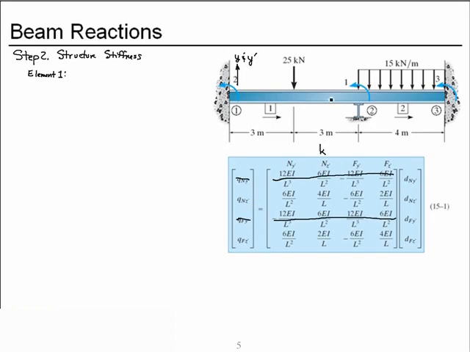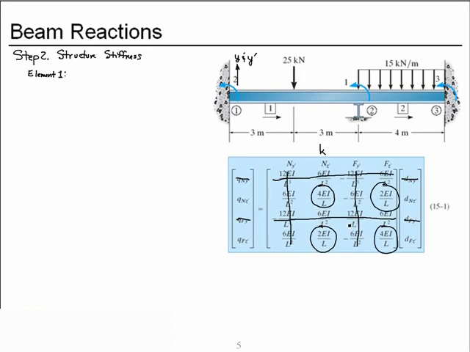And if we look at this particular structure, the vertical deflections are all going to be 0. So this and this will be 0, which means regardless of what the coefficients are here and here, their contributions will be 0. So that means I only need these coefficients for my element stiffness.